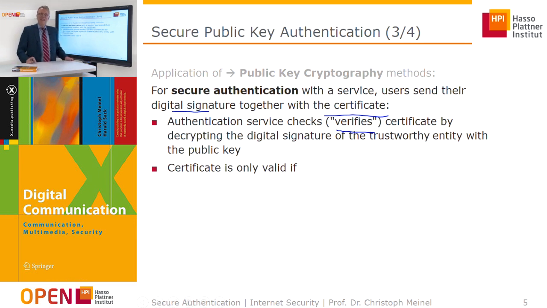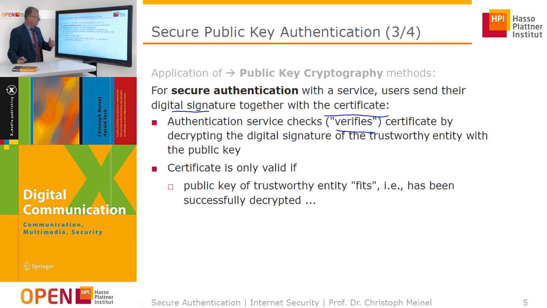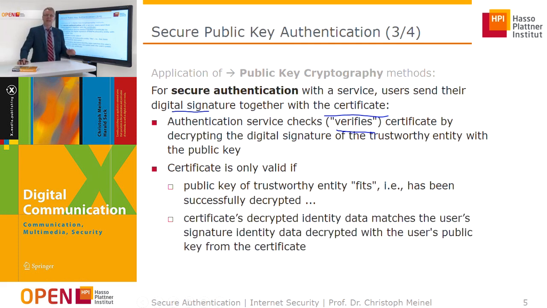So the certificate is only valid if the public key of the trustworthy entity fits. That means it's possible with the public key of the trustworthy entity to decrypt the certificate and to see the content. And the certificate is only valid if the certificate's decrypted entity data match the user's signature, the identity data decrypted with the user's public key from the certificate.